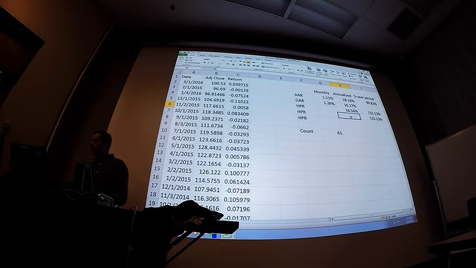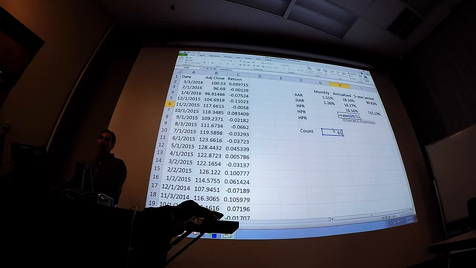And if I wanted to do that for each of these, I could do it here too. Number of periods, so if I'm looking at annualized, this is where it comes out. The number of periods that I have here, as far as the number of years, technically it's going to be 61 divided by 12, because I didn't use an even number of years here. Normally that would be 5.